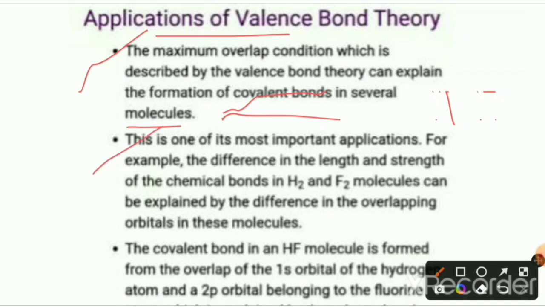So let's explain the second application of valence bond theory, which is very important. The difference in length and strength of chemical bonds, as in the H2 and F2 molecules, is explained by the difference in overlapping, the extent of overlapping, which is maximum or smaller, as we discussed earlier.